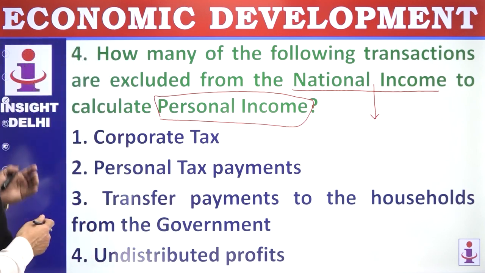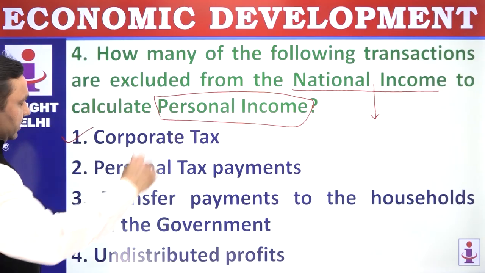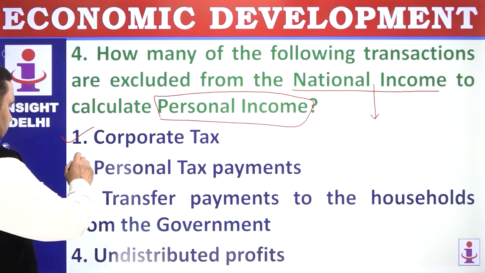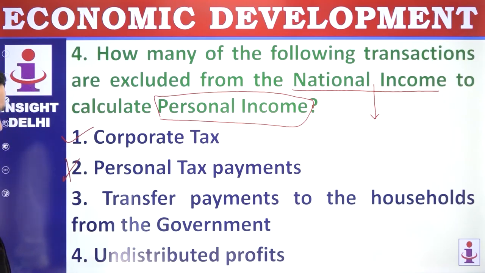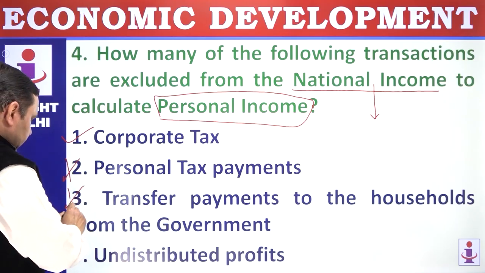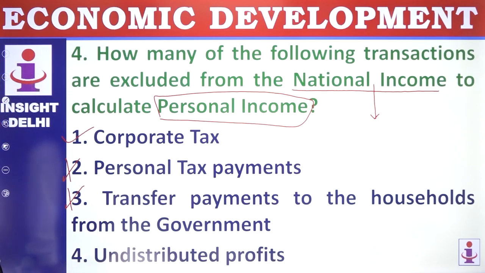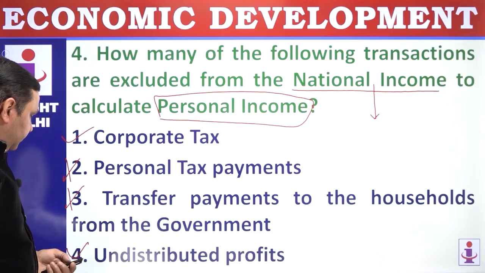Corporate tax will be excluded because this is given to the government. Personal tax payments are not excluded. Transfer payments to households from government are added, not excluded, because people get this income. Undistributed profits are also excluded because these remain with companies.